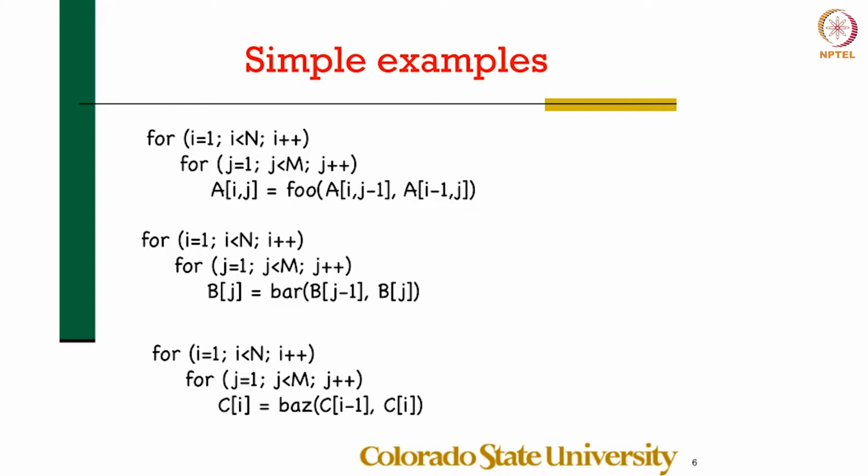So if you just think of this code, regardless of whether it's polyhedral or not, the performance of this code is going to be bound by the available memory bandwidth. It's not going to be bound by how fast your processor can compute, how fast this function foo can be evaluated, etc. Such codes are called bandwidth bound or memory bound.